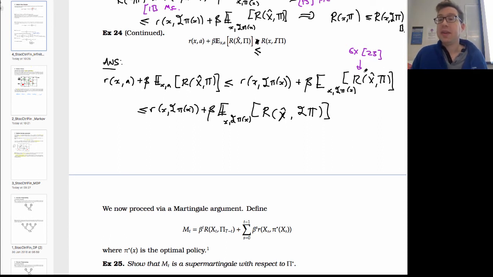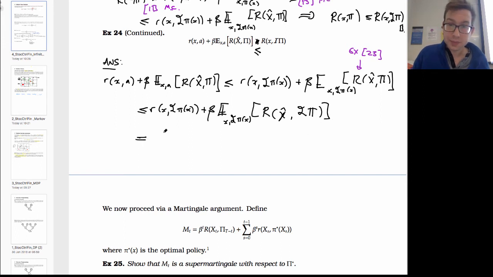So what have I done here? I've basically said we know that if I followed I of pi here, that improves this. And this is saying now, if I follow the improved policy for the first iteration, and then I follow the improved policy for all iterations afterwards, then that's better. But if I follow the improved policy for the first iteration and all iterations after, then this is just the reward from that policy, isn't it?